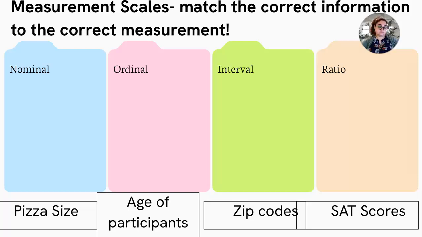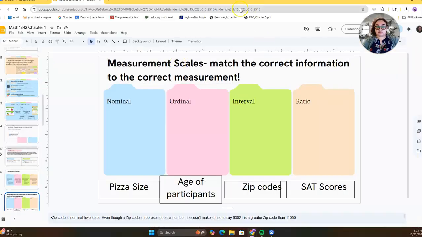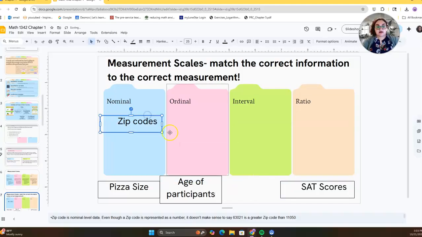Zip codes are a number, but it doesn't make sense to say that my zip code is bigger than your zip code. I can't order it. So it has to be nominal. So I can move my zip codes over here. I'm struggling. There we go.